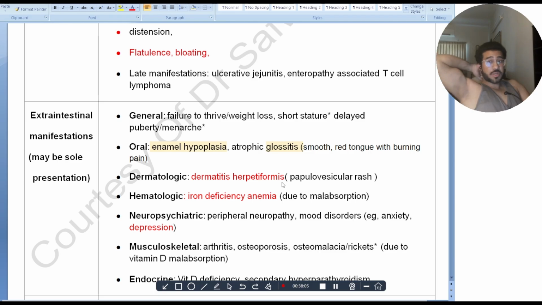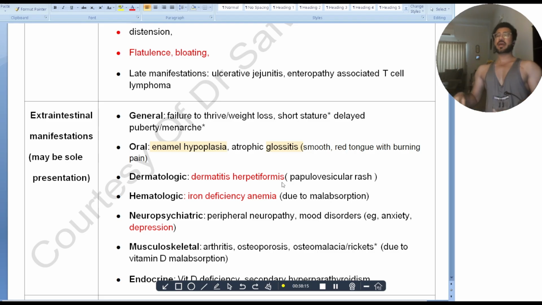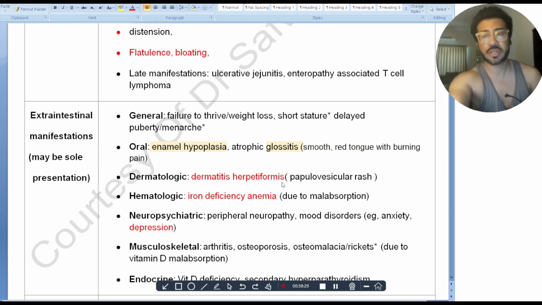The Ig antibodies produced as a result of exposure to gliadin combine with the antigen, and these complexes then deposit in the dermal papillae. The deposition results in the activation of the complement system, and the reaction then further proceeds, causing the inflammatory cascade and production of the papules and vesicles, itching, and all that stuff. So dermatitis herpetiformis is a type 3 hypersensitivity reaction.